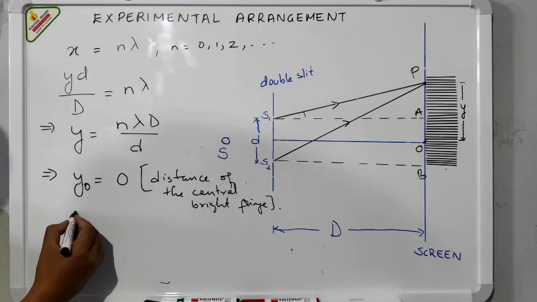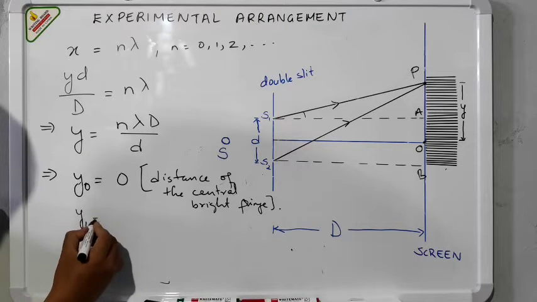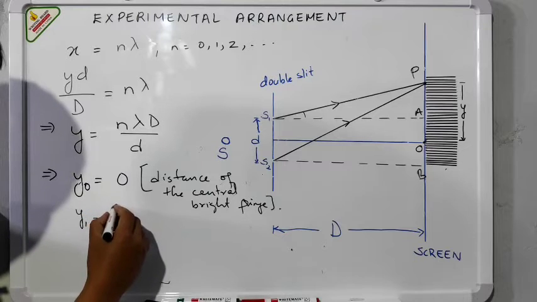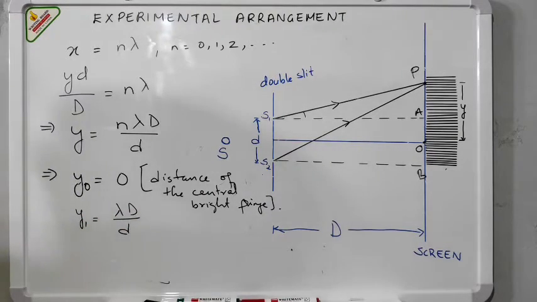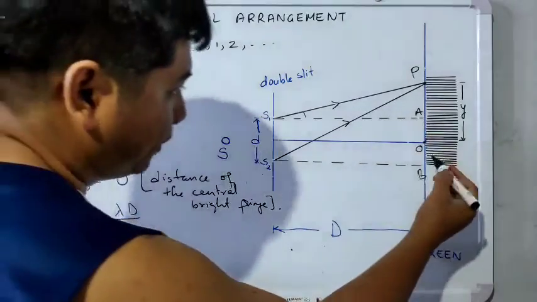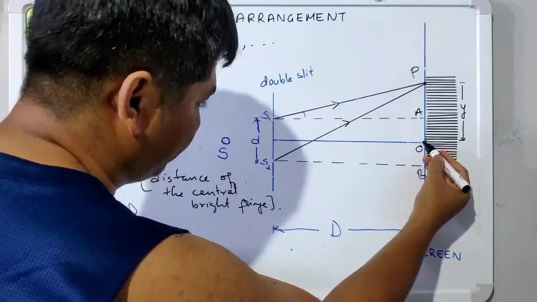Again, if we put n equals 1, y1 will be lambda D by d. This will be the first bright fringe, the position of the center of the first bright fringe.